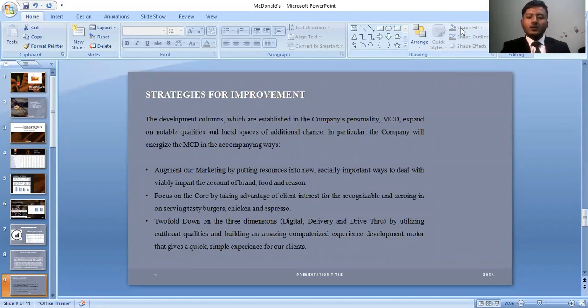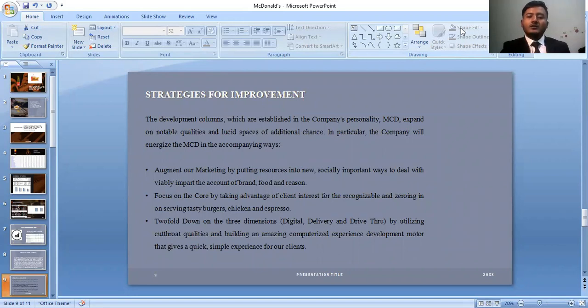Number one, maximize our marketing by investing in new social development and a meaningful approach to import the account of brand, food, and purpose. Number two, focus on the core by taking advantage of customer interest in the familiar and zeroing in on serving tasty burgers, chicken, and coffee.